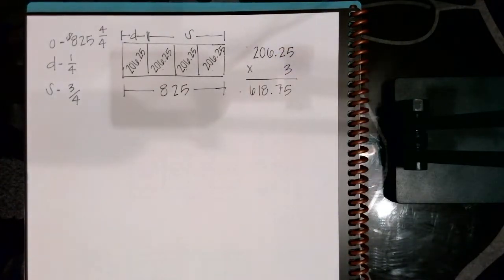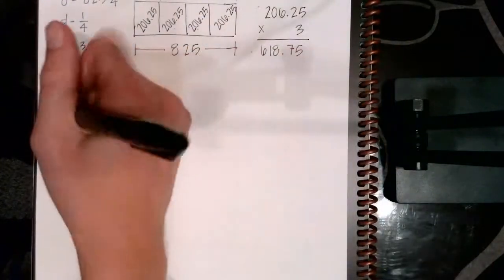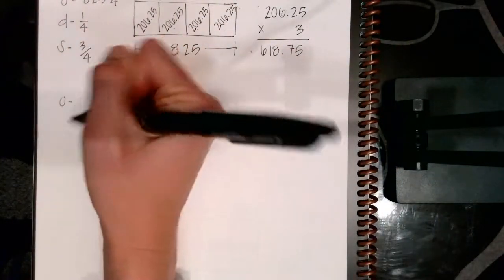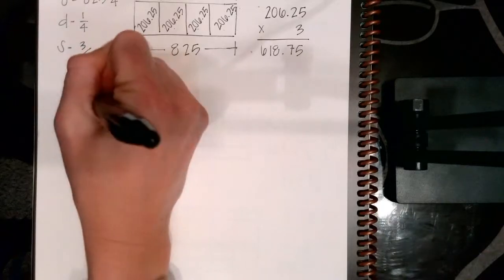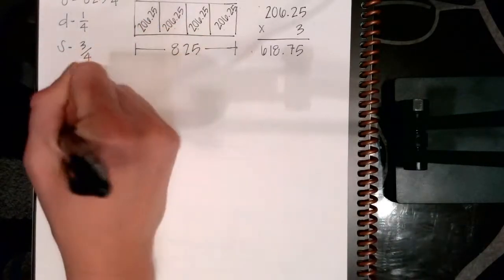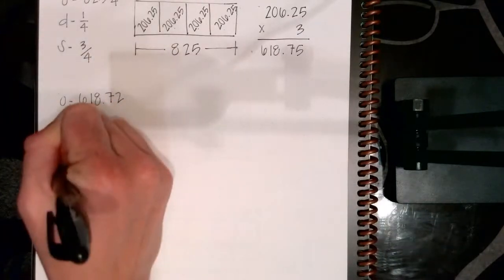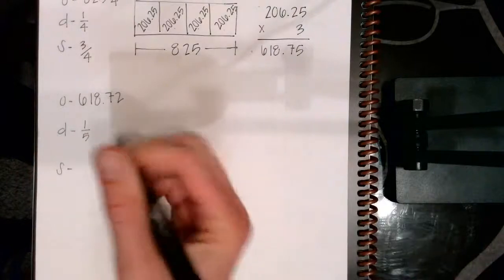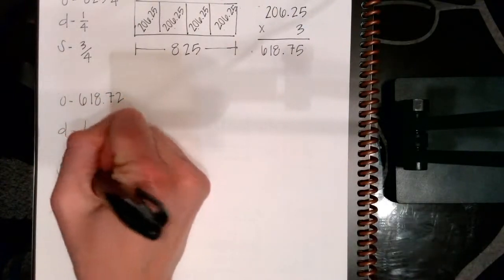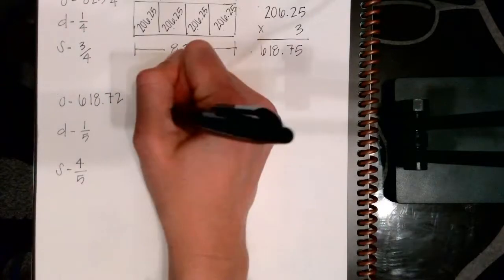But remember, Mark has a coupon that he wants to use. So this sale price becomes our new original price. Our discount was 1/5. And then now we have to find the new sale price, which is 4/5.